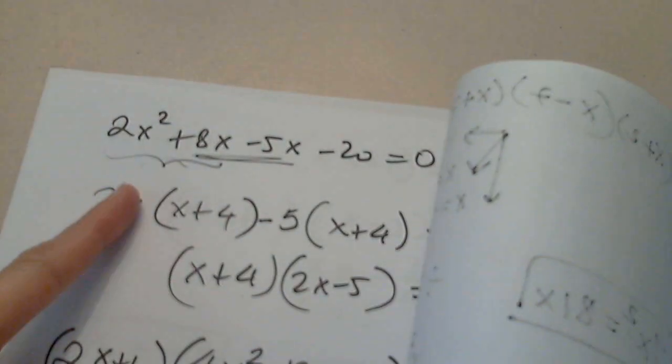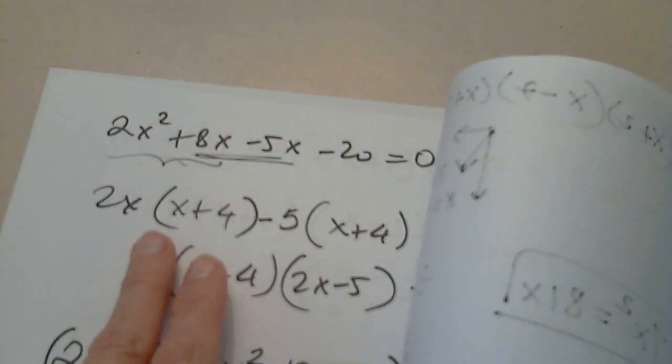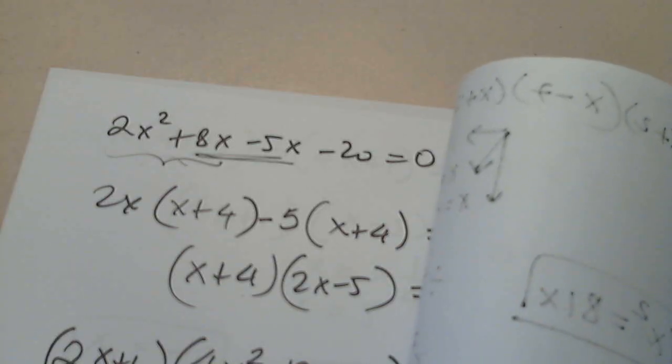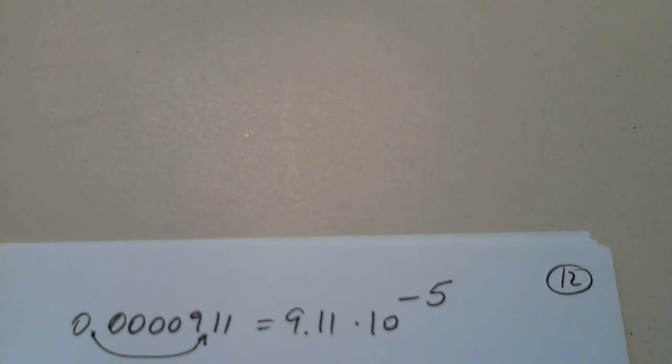This was factoring by grouping. You cover up these two, you factor from the first two, you get the same, and you copy. That was the factoring by grouping. Sorry about that. I'm sure we may find another.